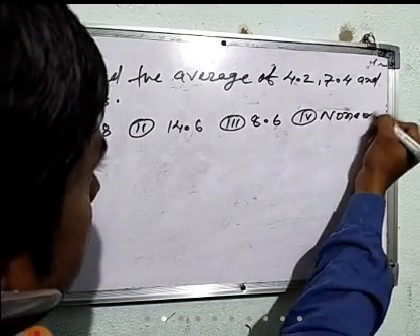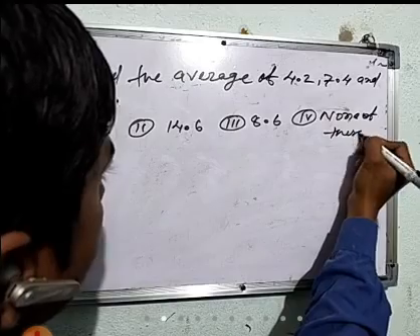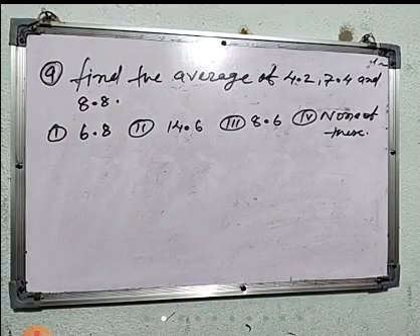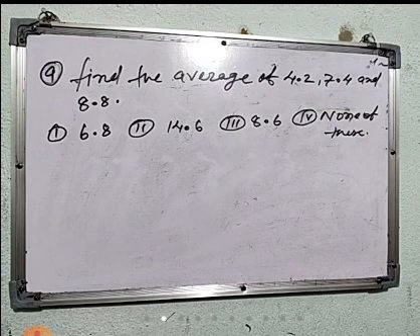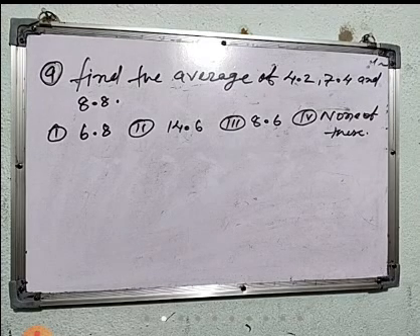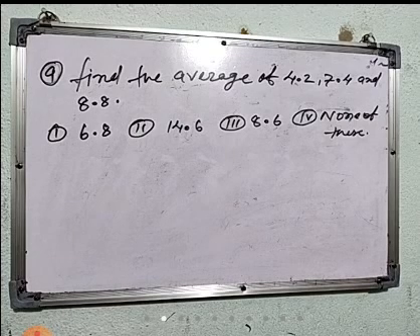This question is related to chapter 3, Decimal. Find the average of 4.2, 7.4 and 8.8.